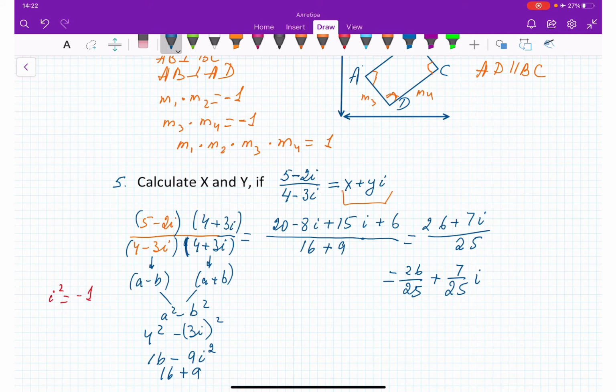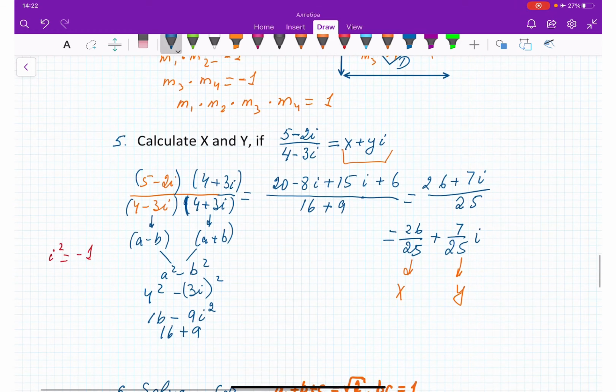From here, this is going to be my x, and this is going to be my y. X is 26 over 25, and y is 7 over 25.